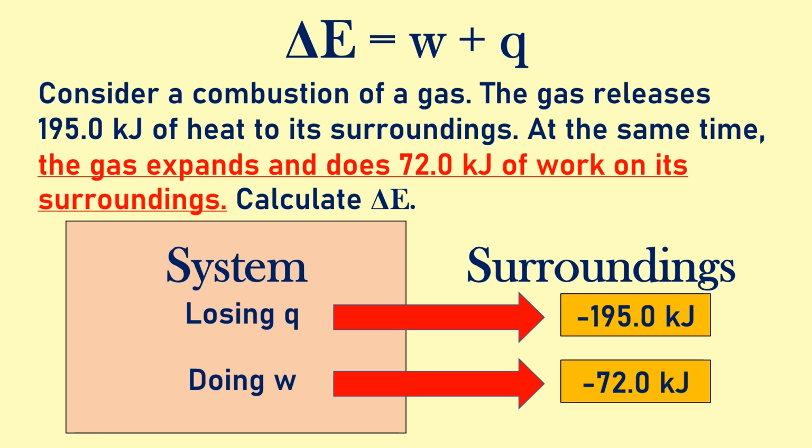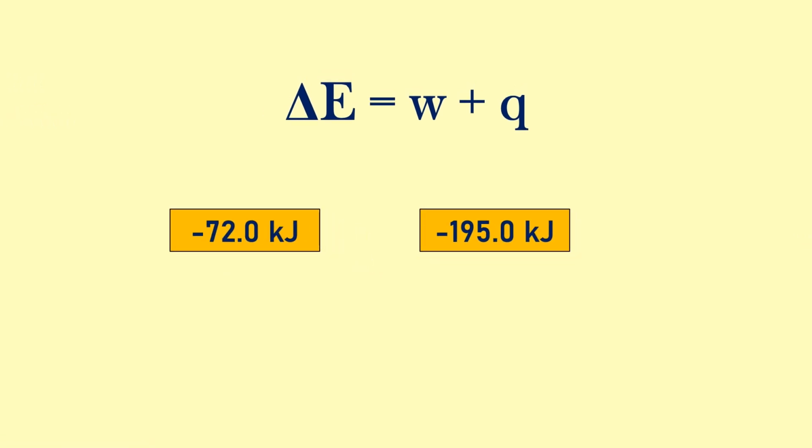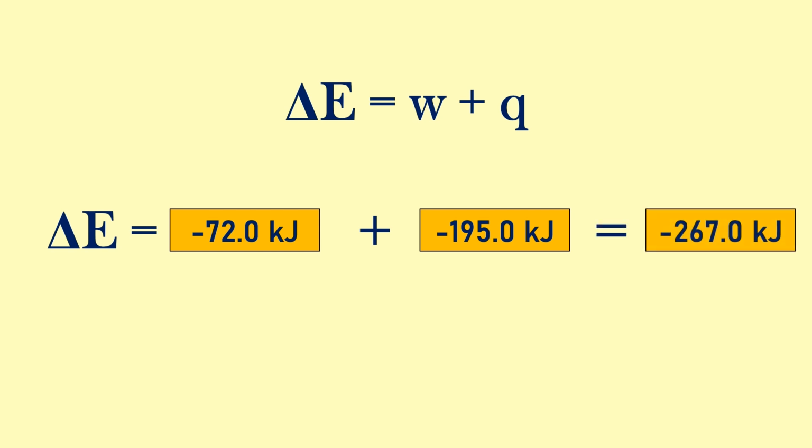Again, notice the negative sign in front of 72.0 kilojoules. Now, let's put these values into our equation. The internal energy is equal to negative 72.0 kilojoules of work plus negative 195.0 kilojoules of heat to equal negative 267.0 kilojoules.